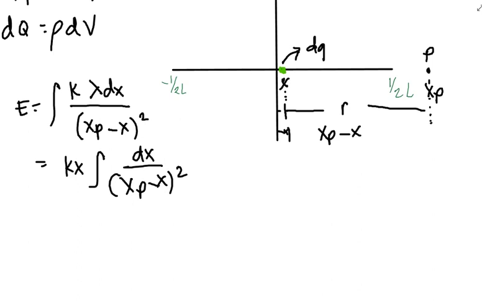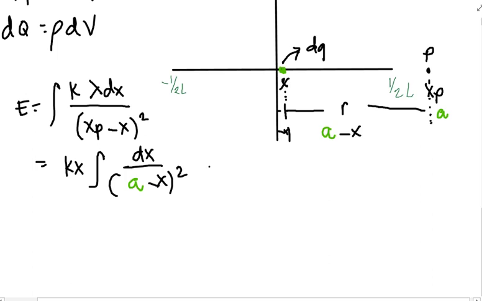So that we do not get confused, let us represent xP by a. So this will be a minus x, we have a minus x squared.